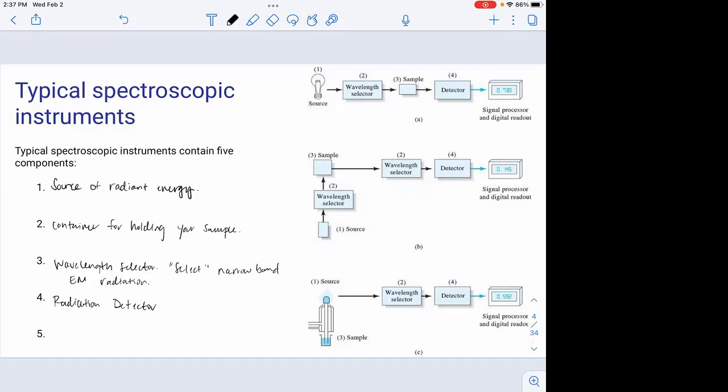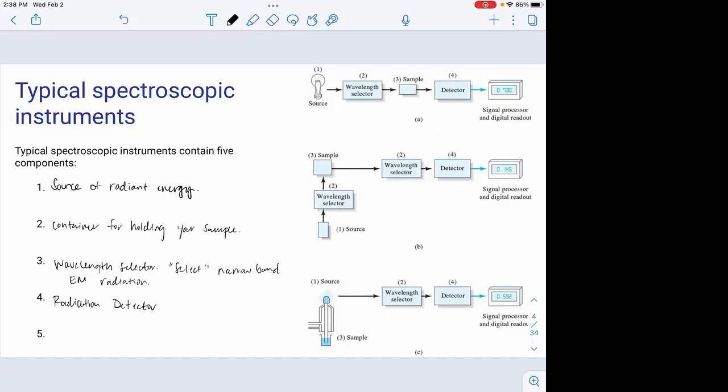So the goal is to detect the radiation that's coming out of the sample, how much of that radiation that was initially there is now left after it has hit the sample. A detector for that would be useful.